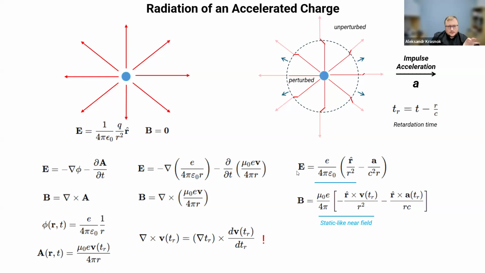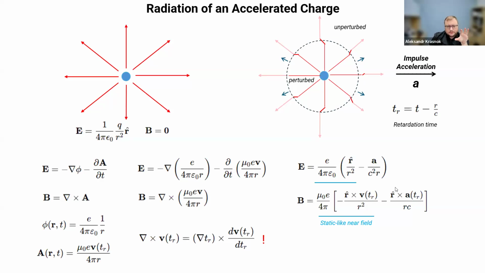Okay, this is the first term in the electric field, and the magnetic field also gets the form of the Biot-Savart-Laplace equation, which is the magnetic field of a moving charge. Okay, so it's a static part or static-like part, because these things can depend on time, but their mathematical form is exactly like static field.